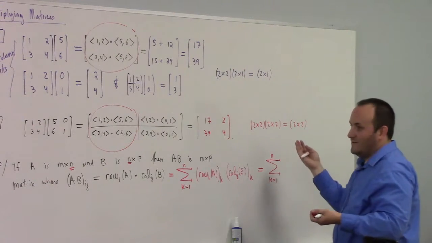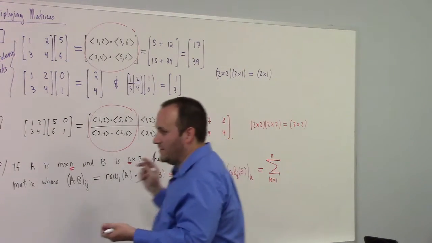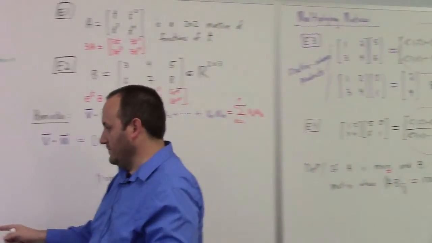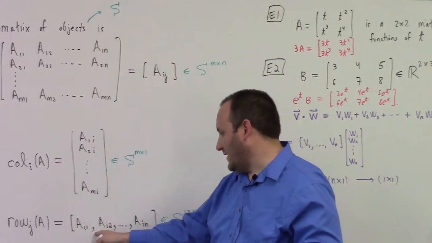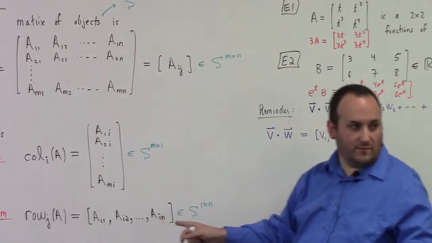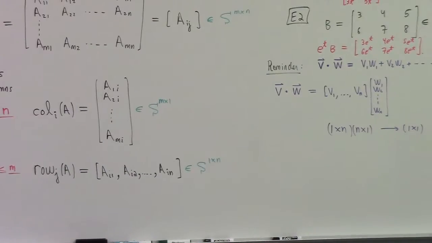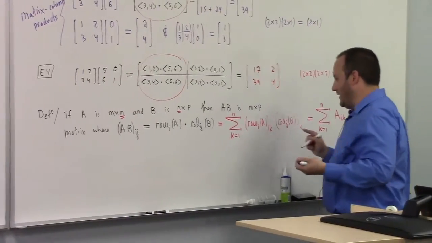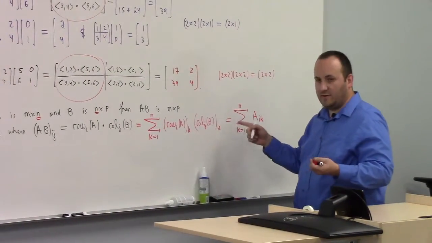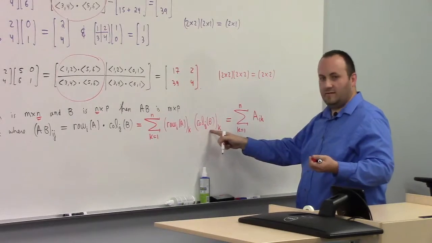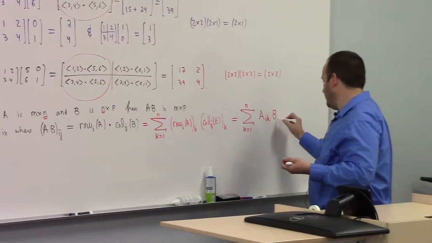Let's see here. So what's the kth component of row i? The kth component of row i is a sub ik, right? And what's the kth component of column j? It's exactly b sub kj.